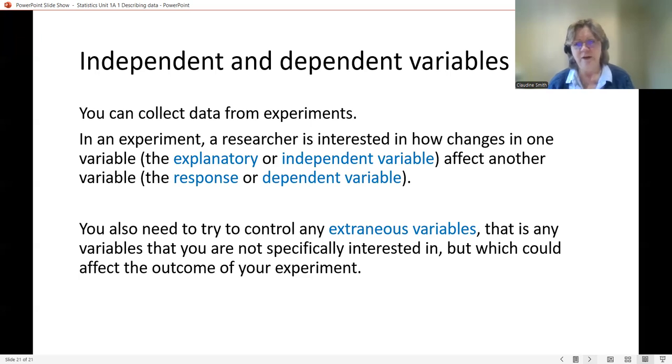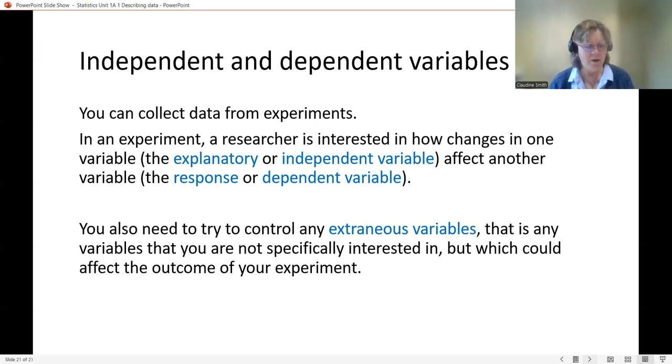And you also need to try to control any extraneous variables, that is, any variables that you're not specifically interested in, but which could affect the outcome of your experiment. So as we get further into the course, we'll look at independent and dependent variables in more detail, but at this stage, you just need to be aware of them.